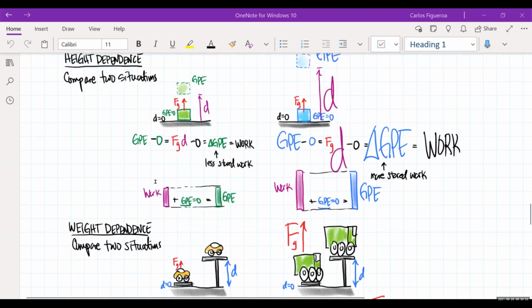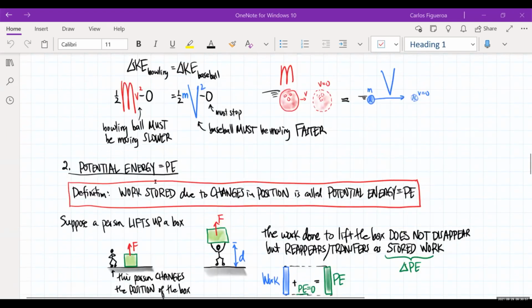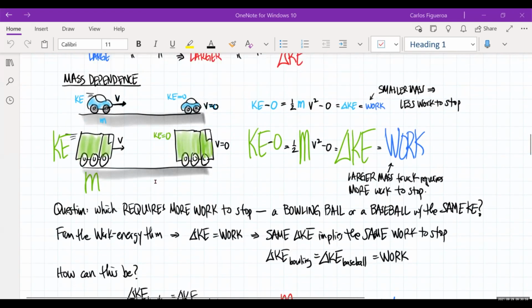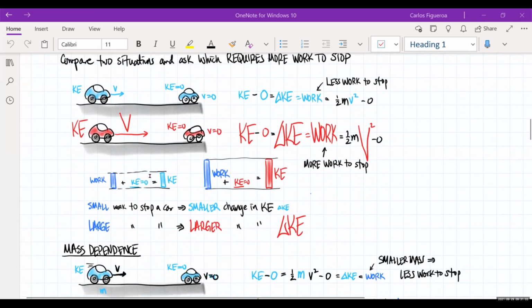One of the key things about the work energy theorem is that if you do work, you change something about the system. So this is the initial system, in this case the car. And then I did work and I changed the kinetic energy of this car. So there's a translation between work and energy.